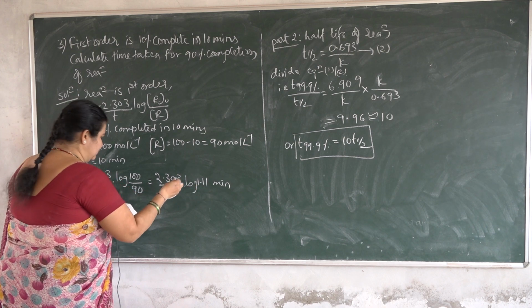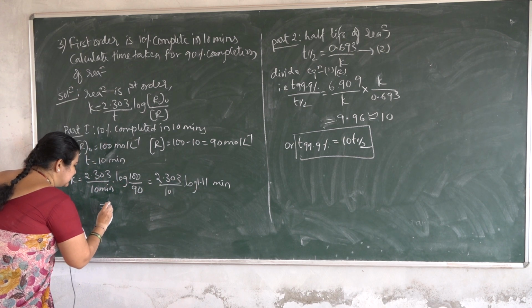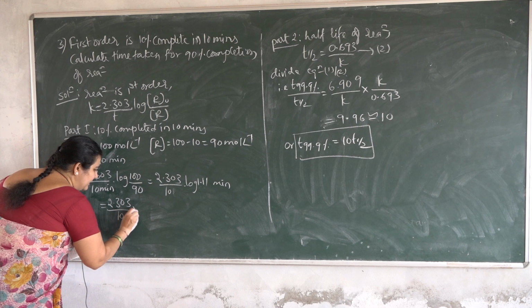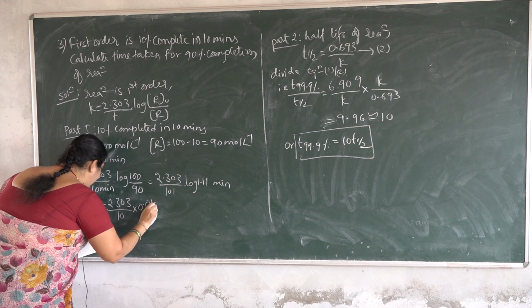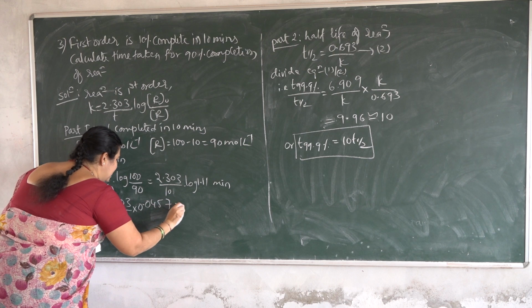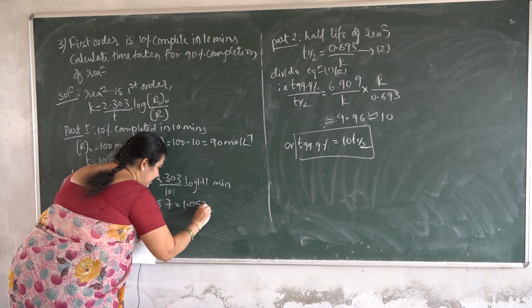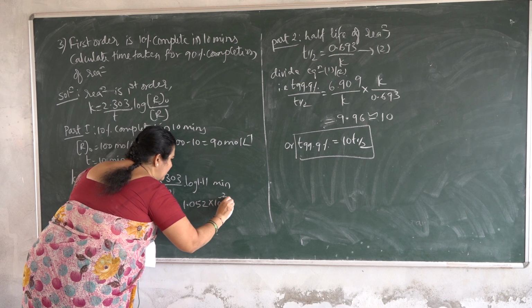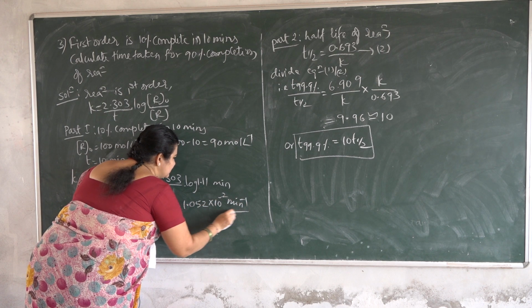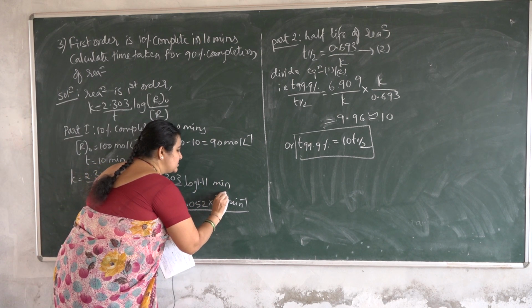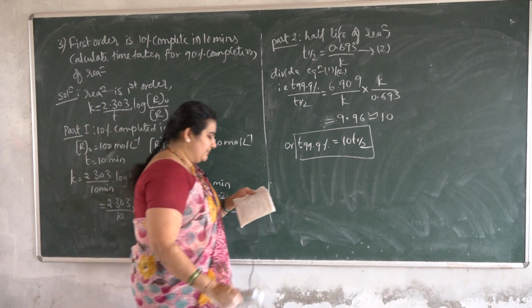For this value you put the log. It is 2.303 divided by 10 into 0.0457, and it will be 1.052 into 10 raised to minus 2 minute raised to minus 1. So this is the first part.